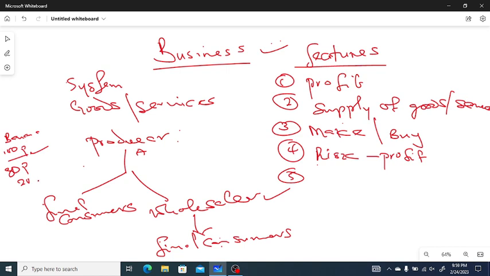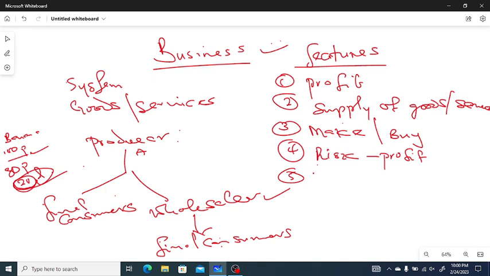At the end of the day, you have to dispose these 20 if you could not sell them. So that is the risk we are talking about. For you accepting this risk of disposing these 20 pieces, what will now be your benefit in return is profit.